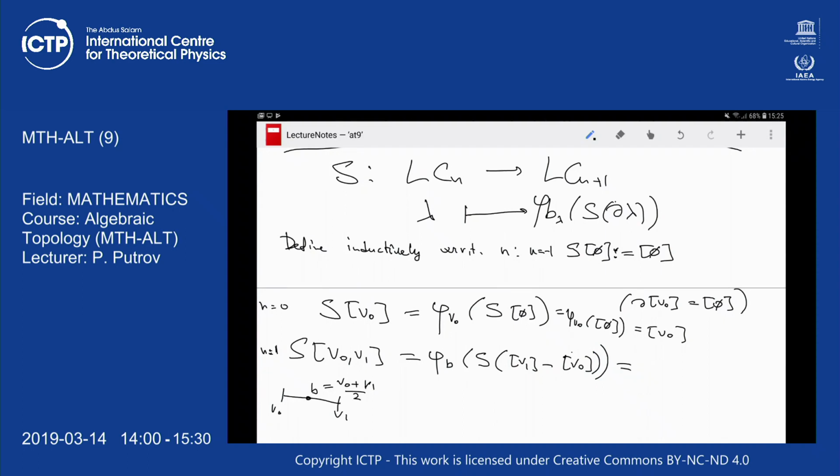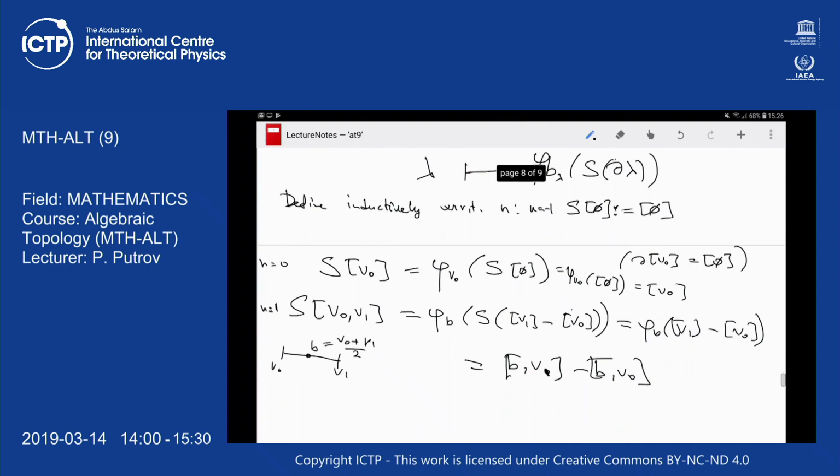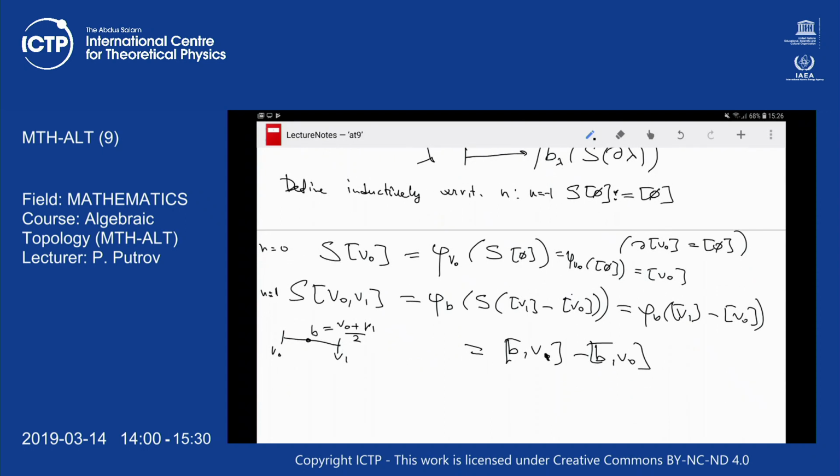And then by linearity, we know that for n equals 0, S acts as identity, so it will be the same as phi B acting on V1 minus V0. So this is the same as using the definition of this operator: we add a point B to V1 minus V0.